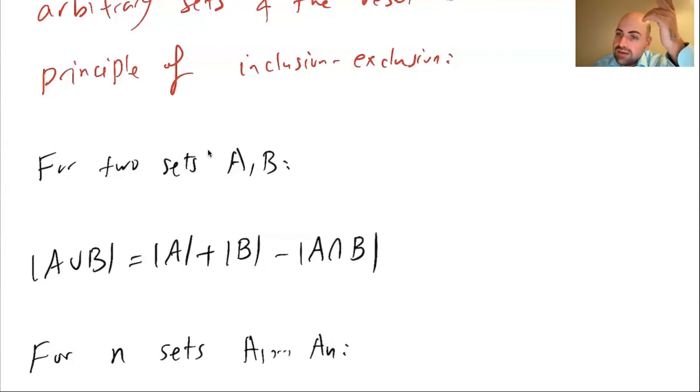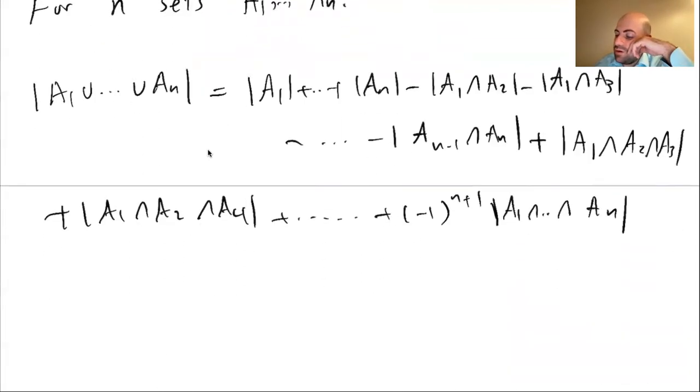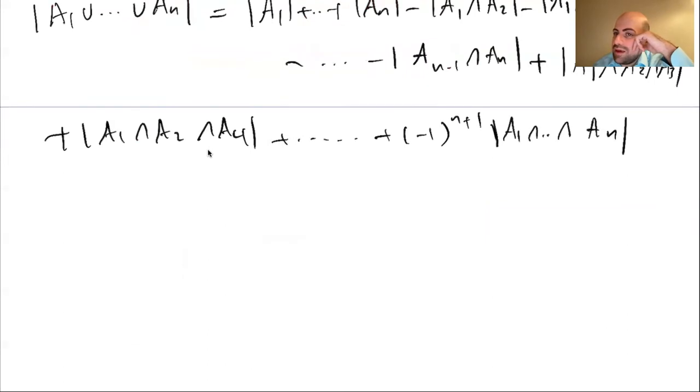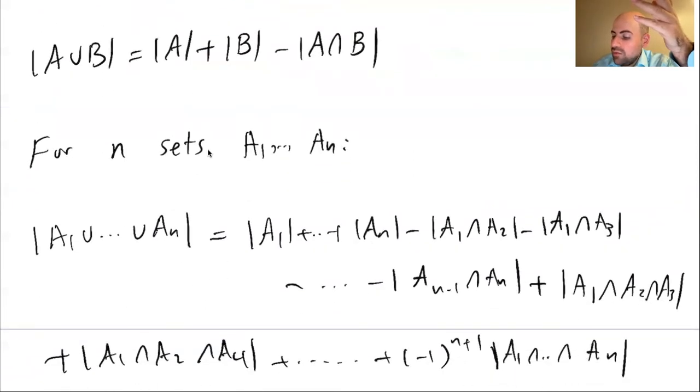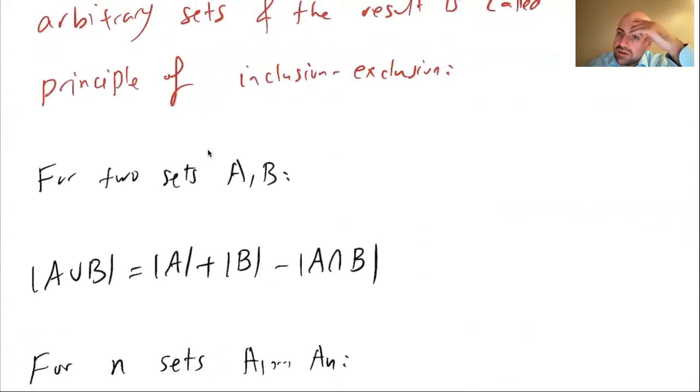So for two sets, I will need a minus sign. So if I include minus 1 to the power n, when n is 2 it will be plus, not minus. So that's why I used minus 1 to the power n plus 1, or you can say n minus 1, doesn't matter. So that for n equals 2, you get a minus sign, and therefore this formula becomes consistent with this formula.